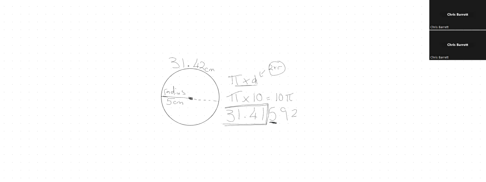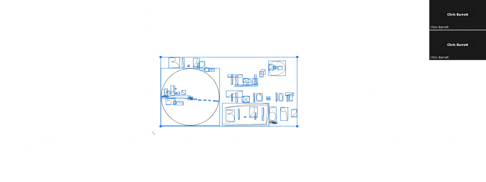Right, next part would be if we were given a question that was maybe half a circle, could we still find the circumference? Let's have a look at that. I'm just going to draw it by hand because I want a semicircle.